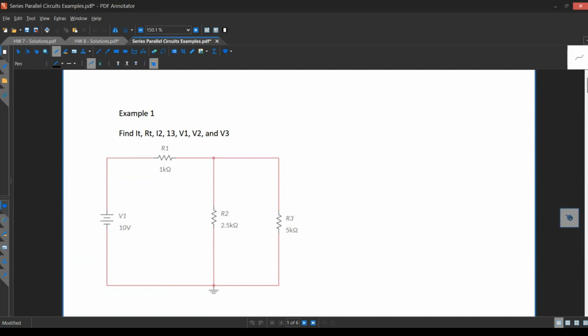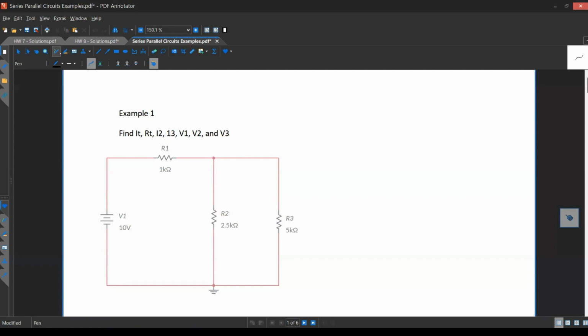All right, so the first thing you want to do whenever you're approaching a series parallel circuit like this is you want to identify your series resistors, and you want to identify your parallel resistors first.